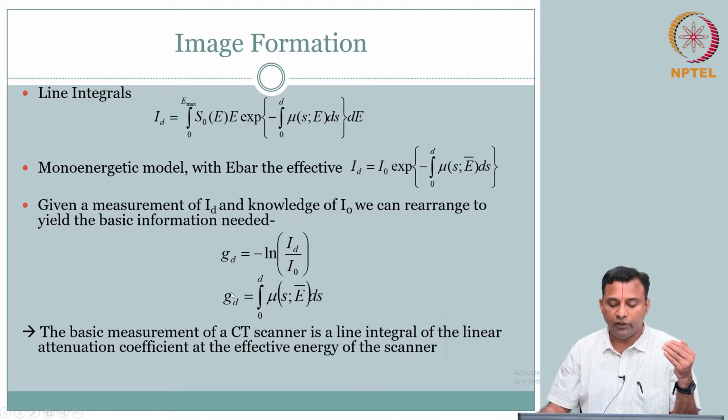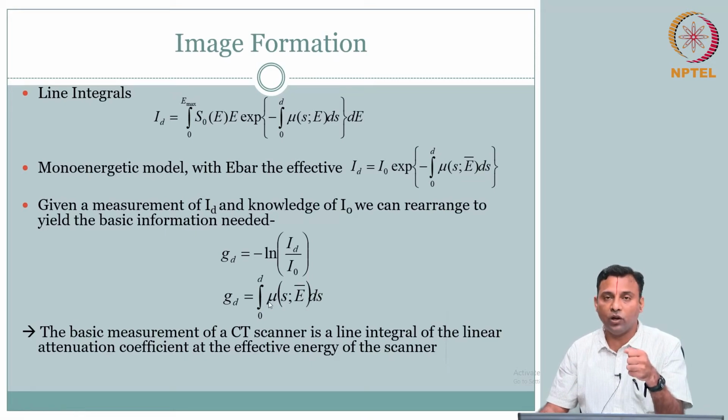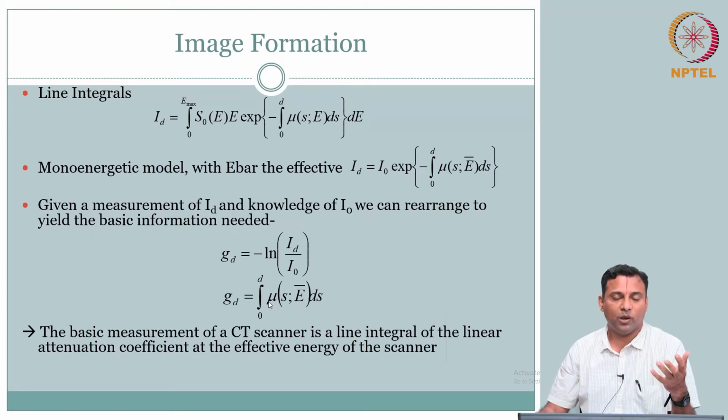So if from GD you are getting mu, naturally the initial condition, for example what your I naught is, is going to have an influence. What this equivalent energy is, that is going to have an influence. So the material is the same, that is ground truth, but the mu will change from machine to machine, and that is a problem.